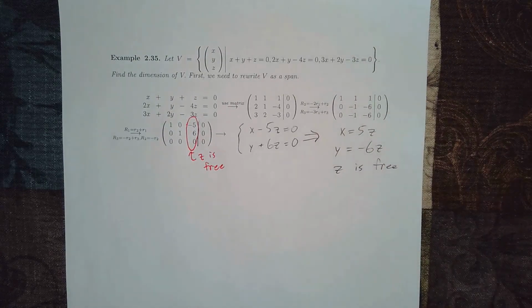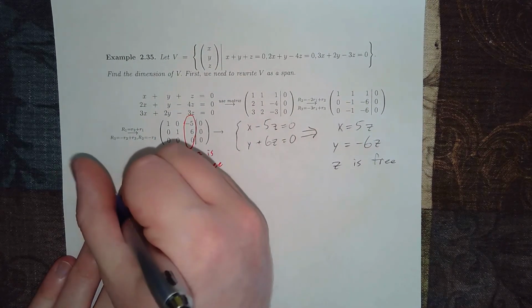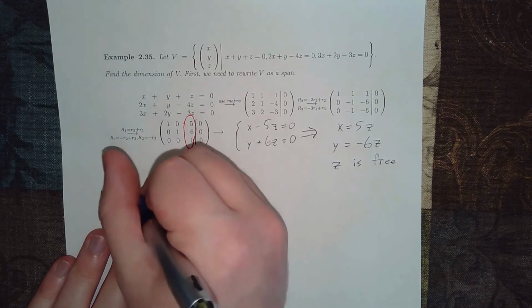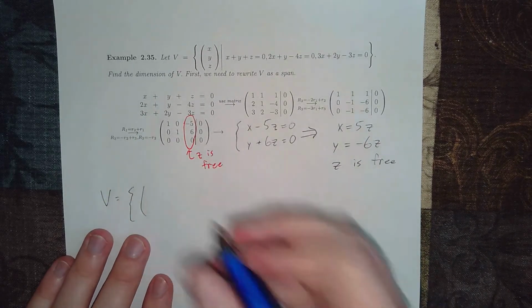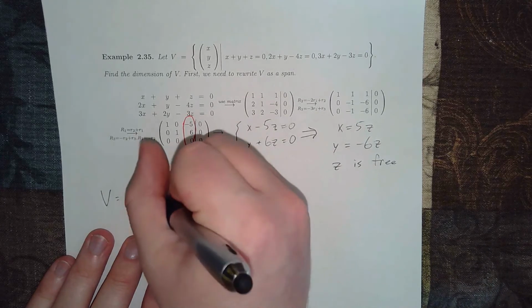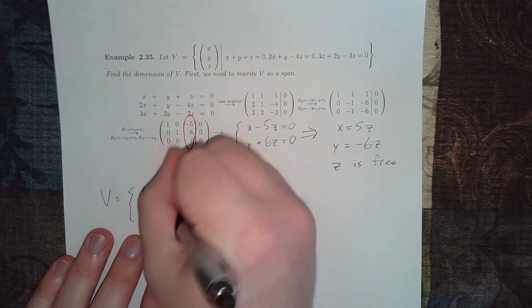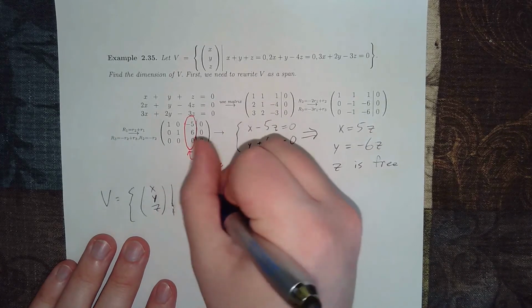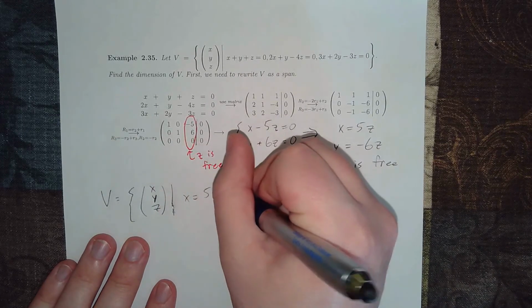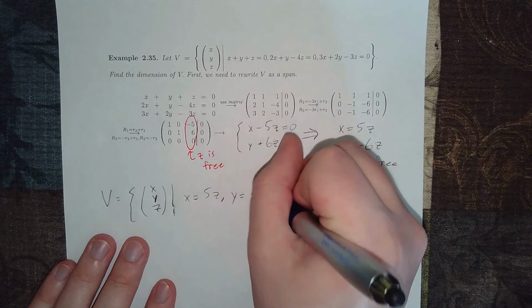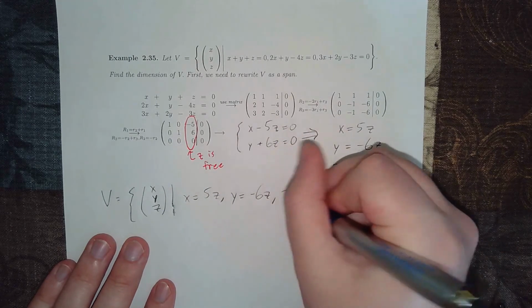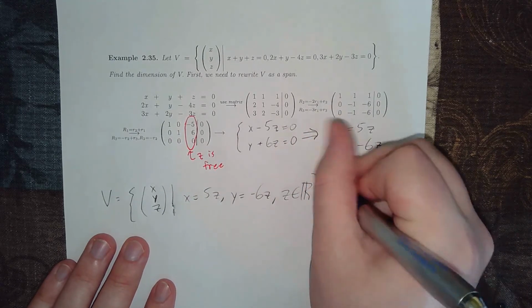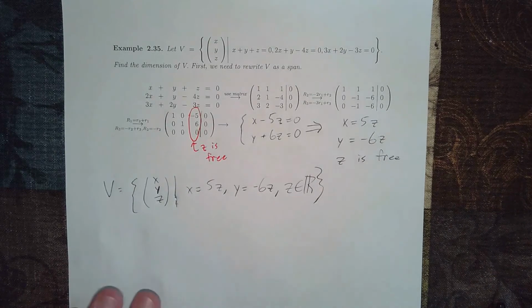And so what we'll see then is we have the set v of all x, y, and z such that x equals 5z, y equals negative 6z, and z is in the real numbers, with it being free.